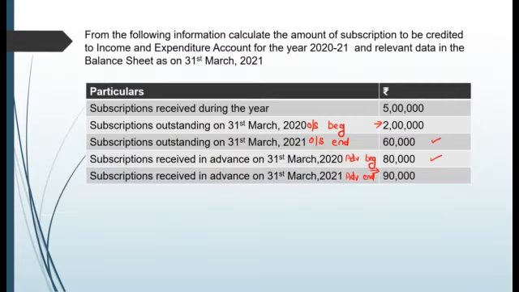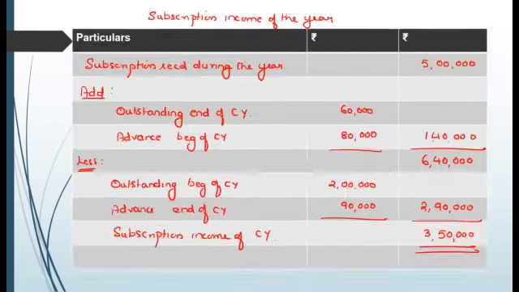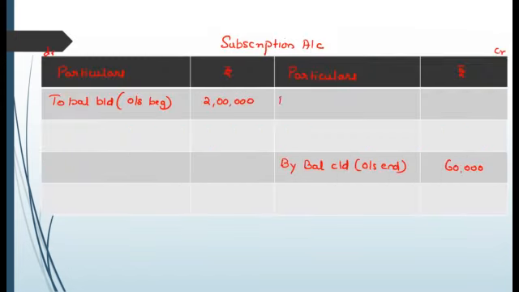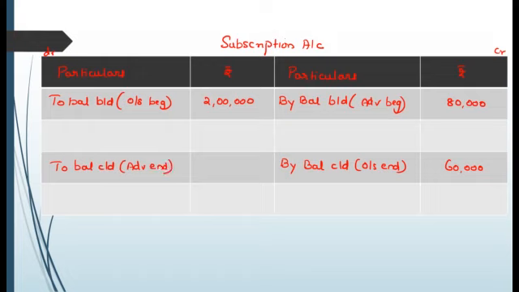Then we would have the advance at the beginning 80 and 90. So by balance brought down, this would be the advance at the beginning, credit balance, that was 80,000, and closing balance would be to balance carried down, advance at the end would be 90.